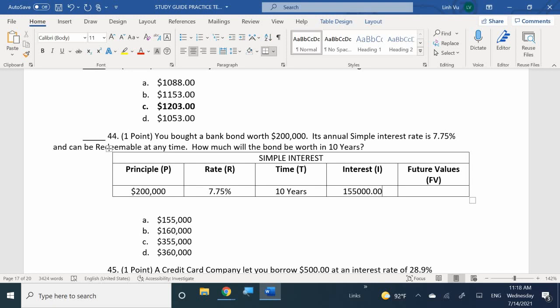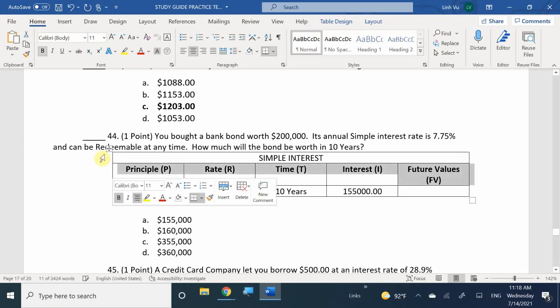Wow. What was the question asking? How much interest did you collect over a 10-year period? Let's read the question again. You bought a bank bond worth 200,000. Its annual simple interest rate is 7.75%, and it's redeemable at any time.